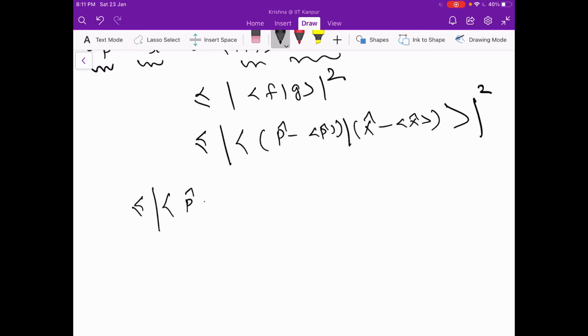I will get p hat x hat minus expectation value of p x hat minus expectation value of x p hat minus expectation of value of p expectation value of x. Right?